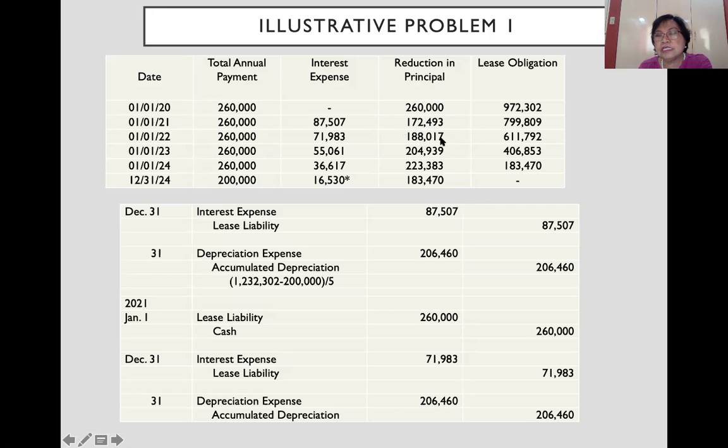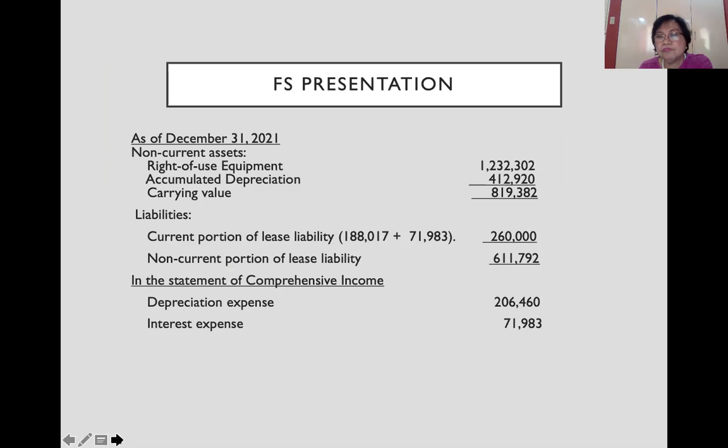Plus, of course, the interest accrued as of December 31, 2021. Therefore, that's a total of 260,000. This amount, 71,983. Therefore, your liability non-current will be this portion, 611,792. We go back.